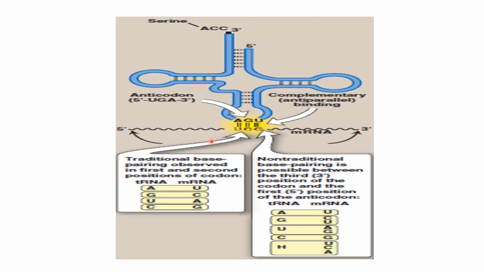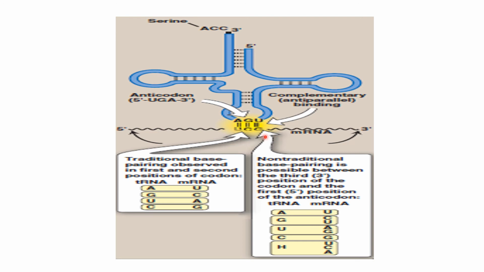The four standard traditional base pairings according to the Watson and Crick model are: A paired with U, G paired with C, U paired with A, and C paired with G. But this is applicable at these two bases starting from the 5' end. The third base, present at the 3' end, is less stringent and forms a non-traditional base pairing.